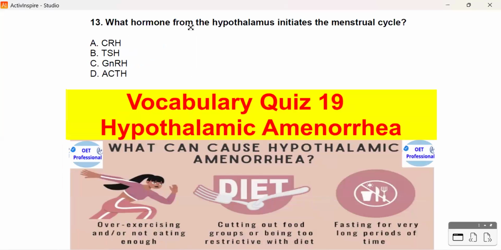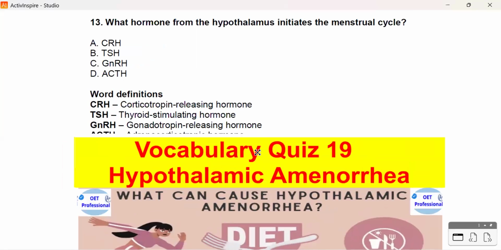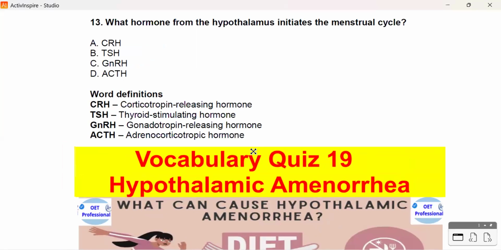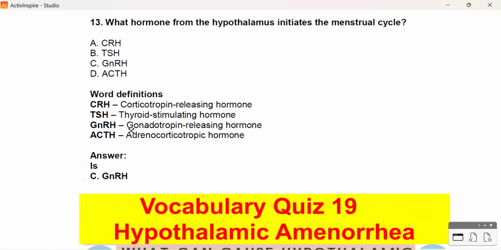What hormone from the hypothalamus initiates the menstrual cycle? CRH, TSH, GnRH, ACTH. The correct answer is GnRH, gonadotropin releasing hormone.